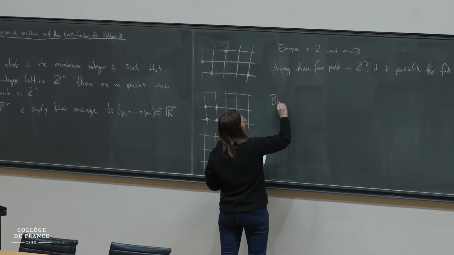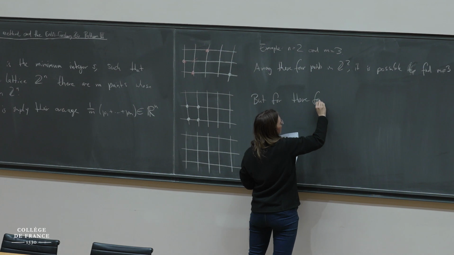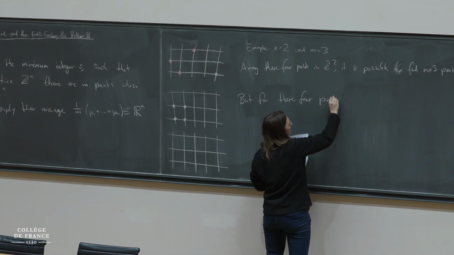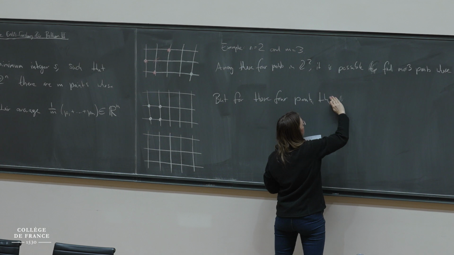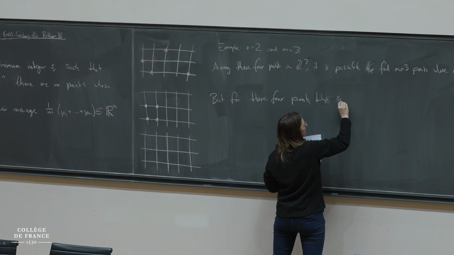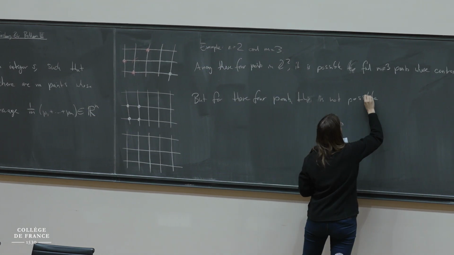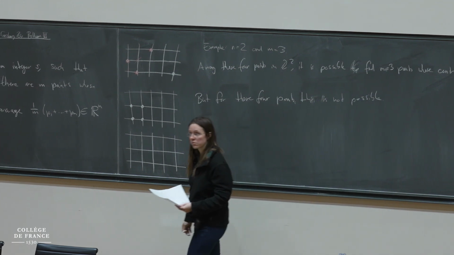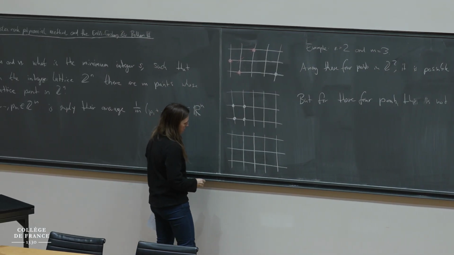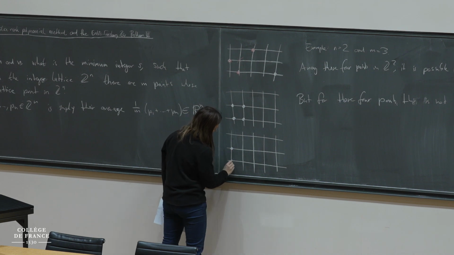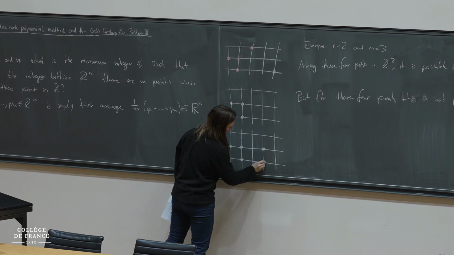So for these 4 points, this is not possible. And so now the question is, how many more points do we need to take so that it does become possible to do this? If you play around with this for a while more, you'll see that even 8 points are not enough.